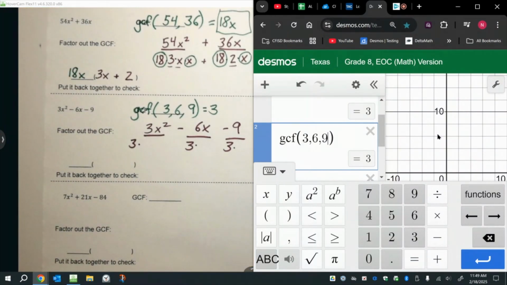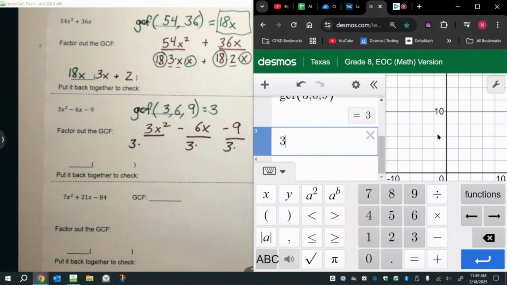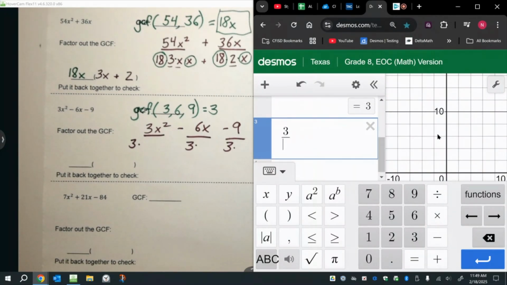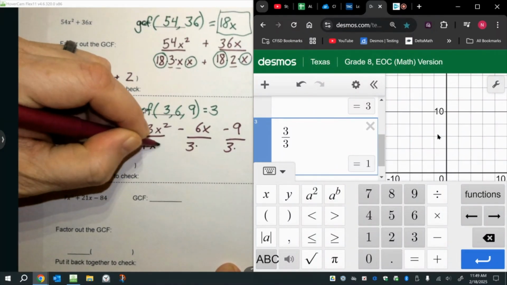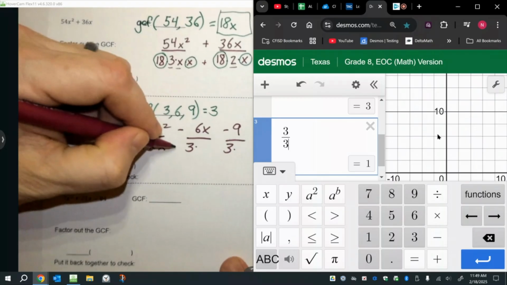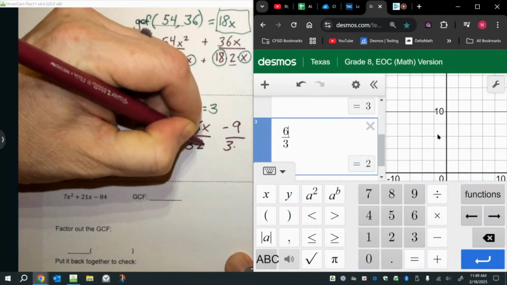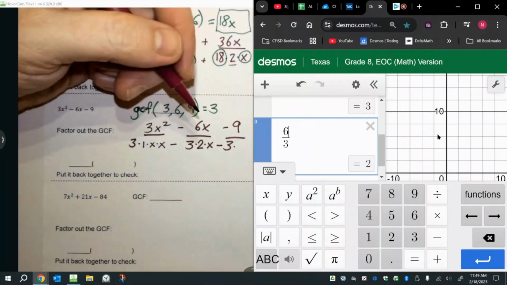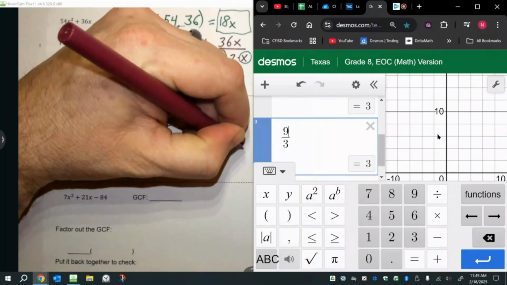Well, you could take 3 and divide it by the 3 if you need to. 3 divided by 3 is 1 times x squared, minus 6 divided by 3 is 2 times x, minus 9 divided by 3 is 3.